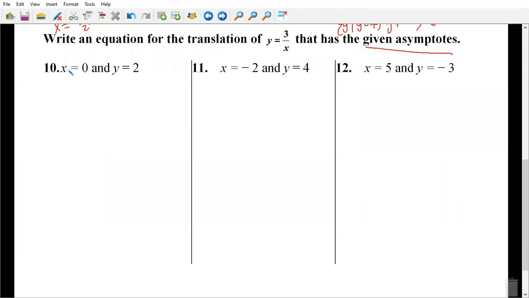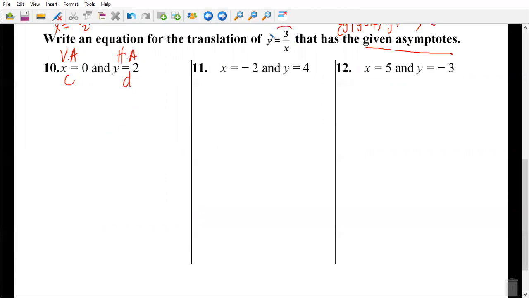They represent our transformation variables, C and D. So our vertical asymptote, x equals 0, represents our C value. Y equals 2 here is our horizontal asymptote, and that represents our D value.